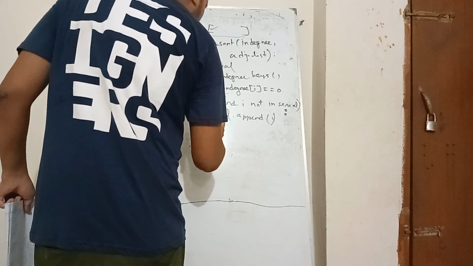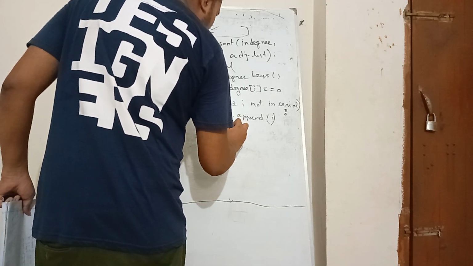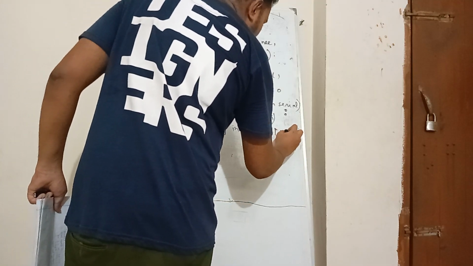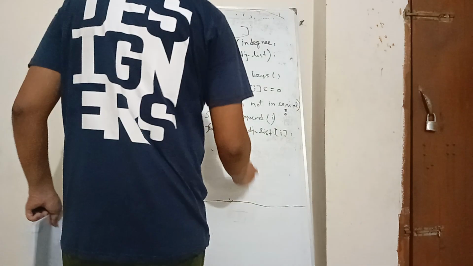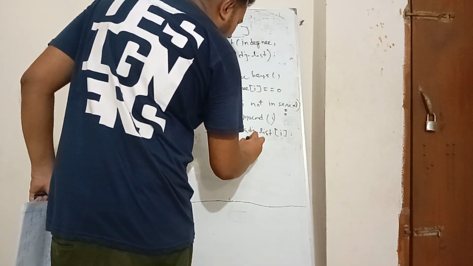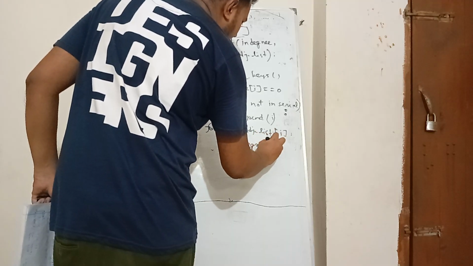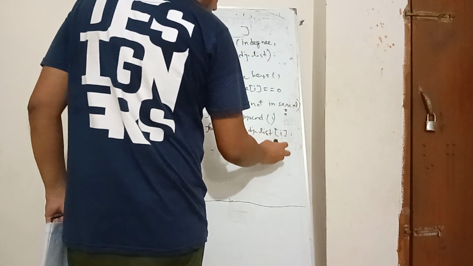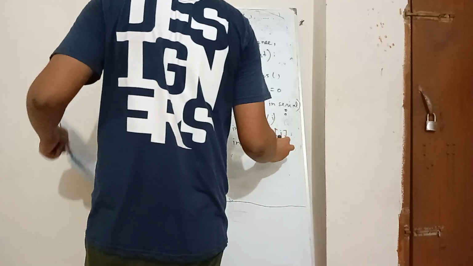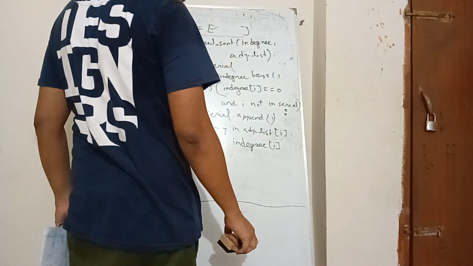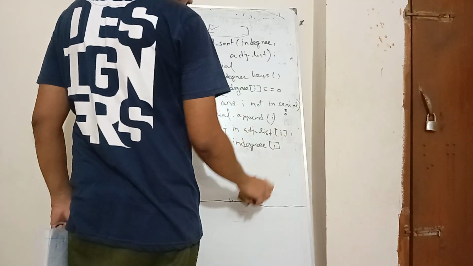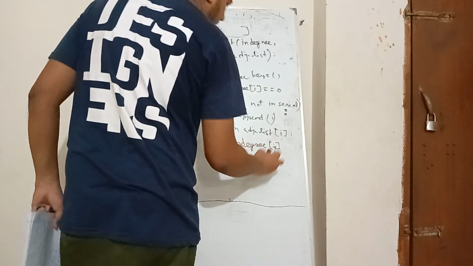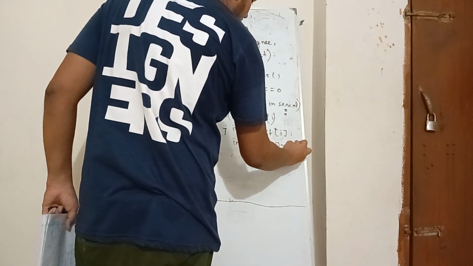So for j in adjacency list of i, which means its neighbors. Sorry. For j in adjacency list of i, okay, we decrease the in degree of j by 1.